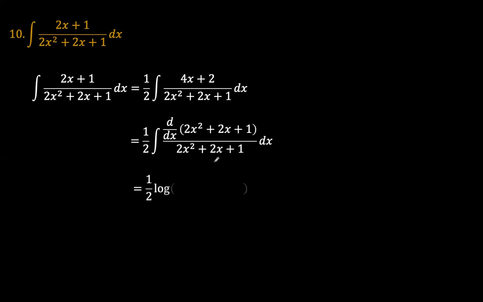And when you have a fraction whose numerator is the derivative of the denominator, the integral is the log function of that denominator. And so our answer here is half times the log of 2x squared plus 2x plus 1, plus the integration constant.